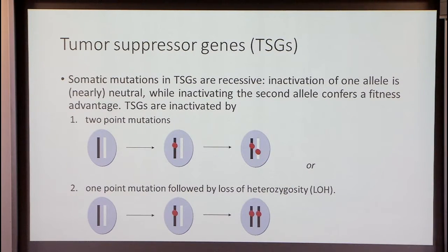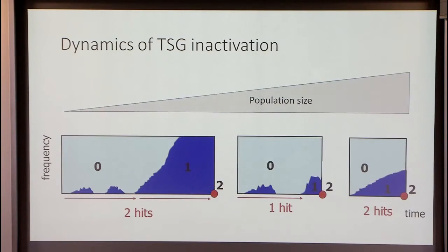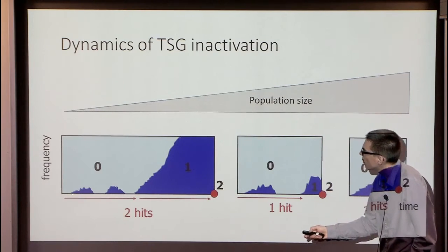So in other words, in order to inactivate a tumor suppressor gene, you have to affect both copies of the allele. The dynamics of this process turn out to be more complicated, and I'm not showing you how this works, but I'm giving you the basic result. The dynamics depend very much on population size. For small population sizes, on the left here, the typical scenario looks like this.